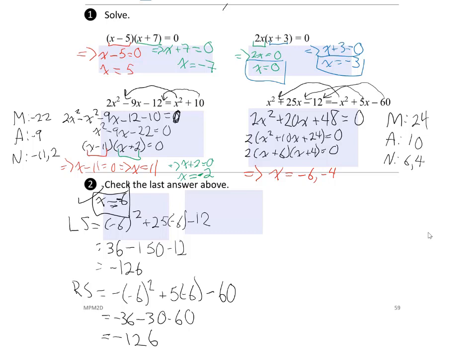Now we're going to check the other solution where x equals negative 4. I am going to speed this up a little bit because you guys have seen this a few times, and I think that the last one should be enough review.